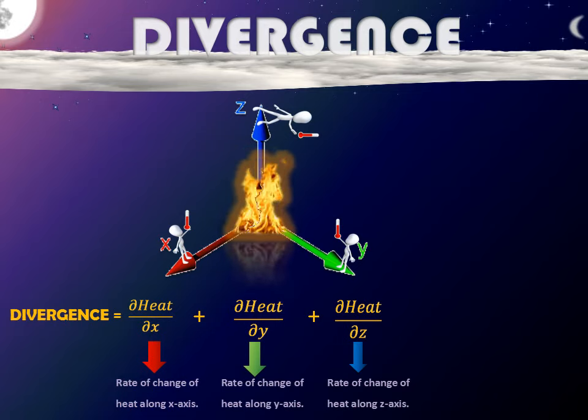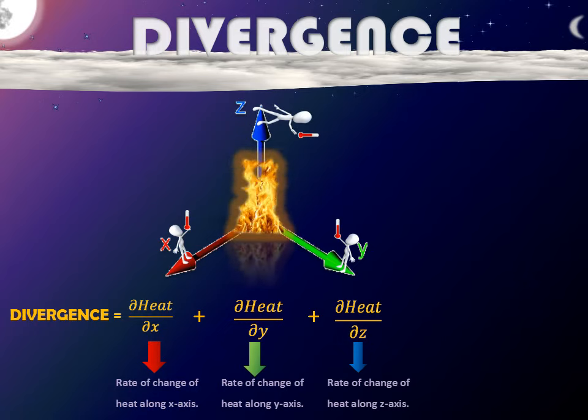This rate at which the intensity, the amplitude of that field reduces is called as divergence. This divergence, this rate of change takes place along the x-axis, along the y-axis and the z-axis.